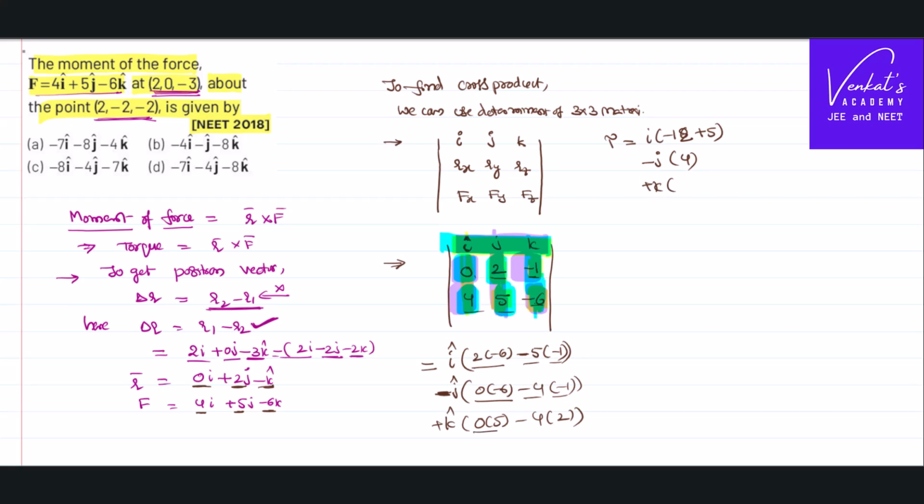Plus k of 0 into 5 equals 0, minus 4 into 2 equals minus 8. That implies torque equals minus 12 plus 5, that is minus 7i, minus 4j, minus 8k. That's the option available for you: minus 7i minus 4j minus 8k. That's the answer we have to take. That's how we find the torque.